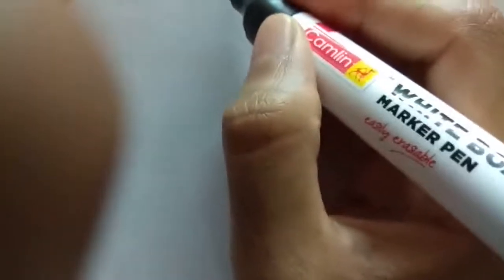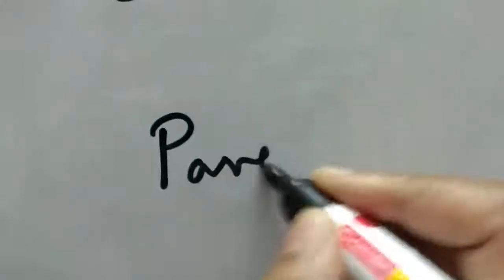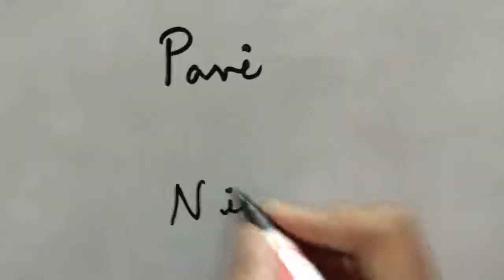So let us see for each partner how the total drawing amount is going to appear. Savi, again Pavi, and Nivi.